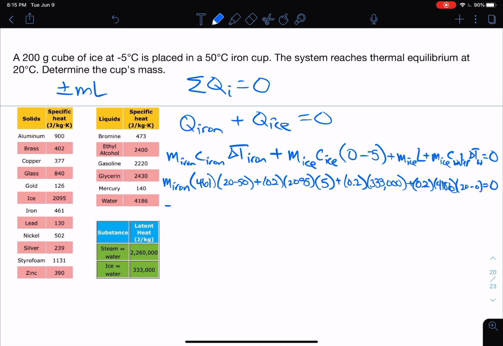So this is going to be negative 13,830 times the mass of iron, plus 2,095, plus 66,600, plus 16,744. That all equals 0.